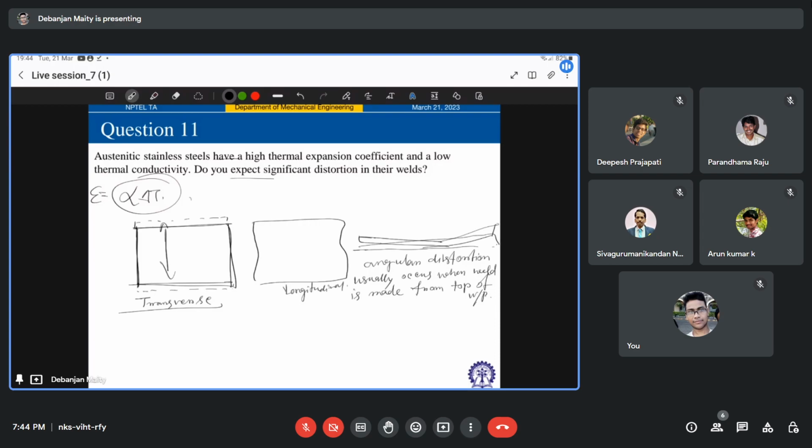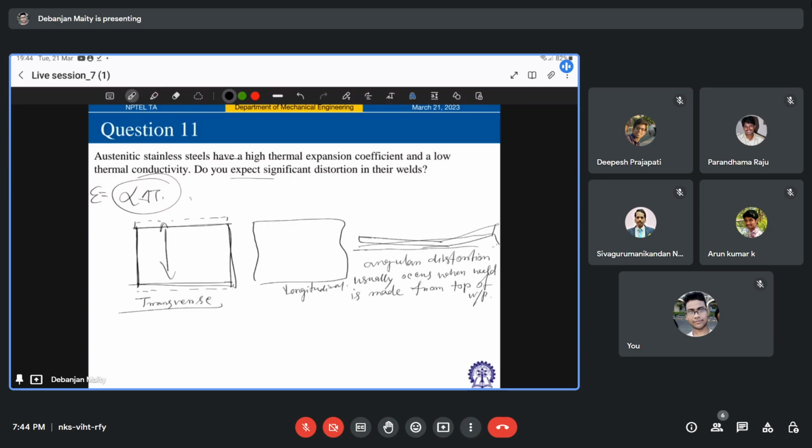What can be the remedies to avoid this distortion? There can be several techniques, like you can reduce the volume of the weld metal, which can reduce the amount of angular distortion or lateral shrinkage. Then you can do some design optimization also, like a double V joint or single V joint, which can reduce your angular distortion.